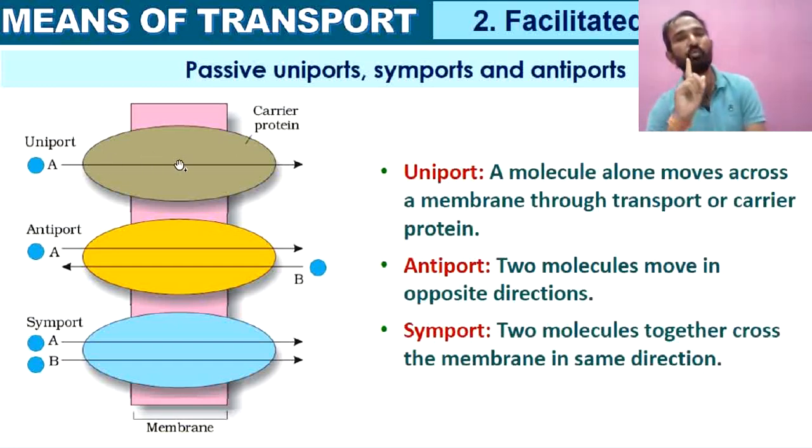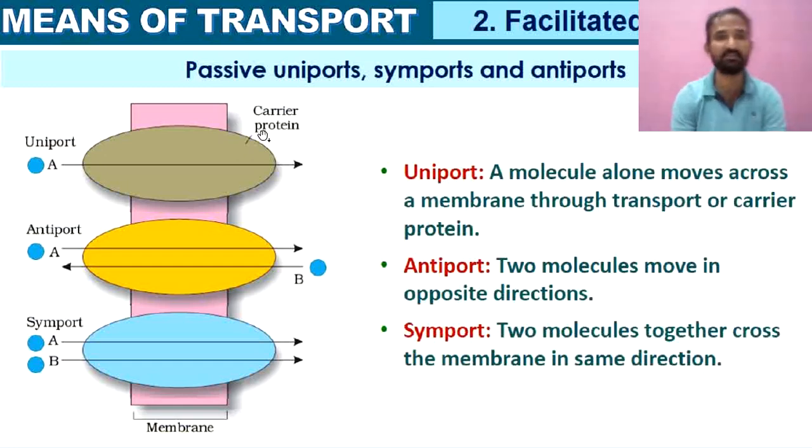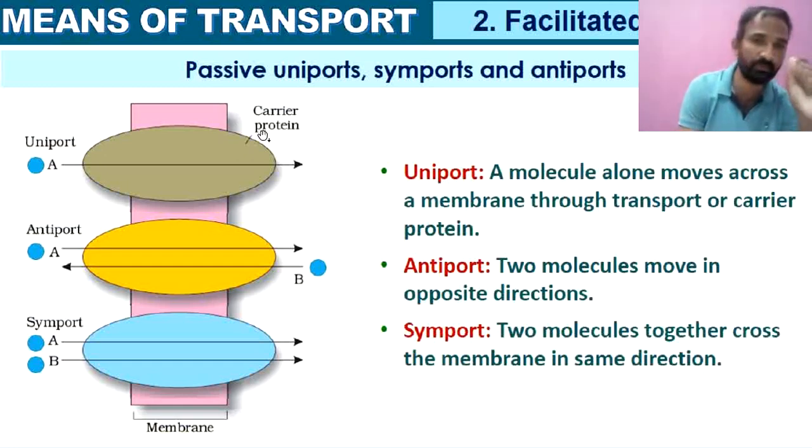The molecule moves alone across the membrane through the transporter carrier protein, so it is called uniport. Only a single molecule is involved, transported by a carrier protein from the outer side to the inside.